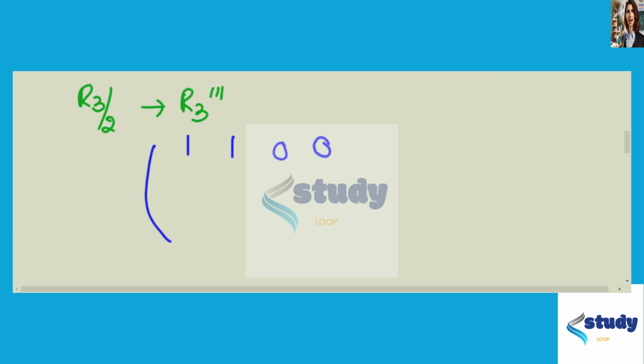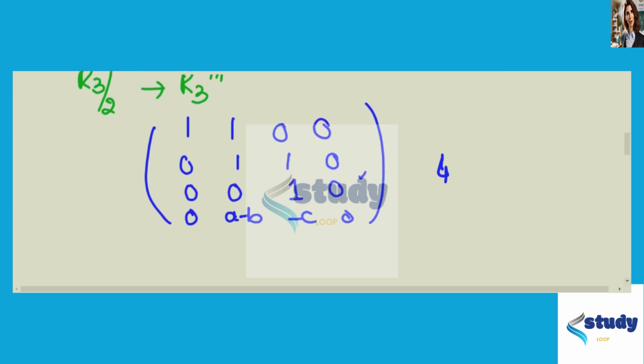Row 1 and row 2 remain the same, with no change. However, row 3 is going to be changed a lot in this question. This is the new third row, and the fourth row we changed only once. So that is our step 4.